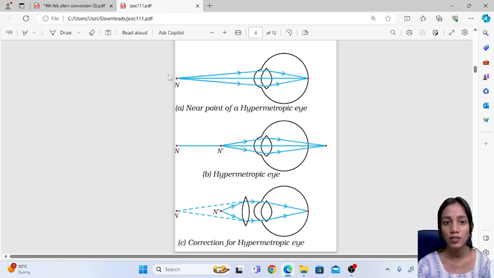Now this is not 25 centimeter, this is nearer than 25, this is less than 25 centimeter, and it forms up to that point. Okay, for the hypermetropic eye, the image will be formed on the retina, over here.